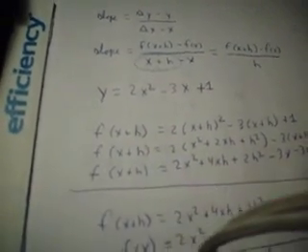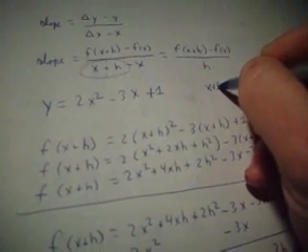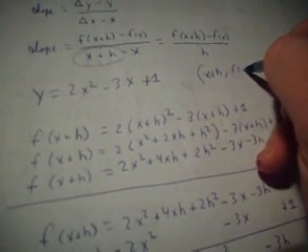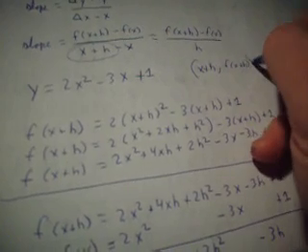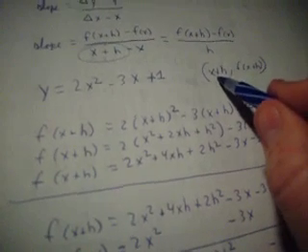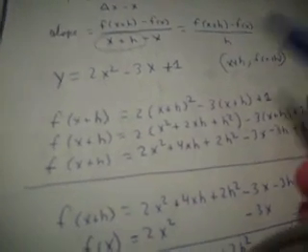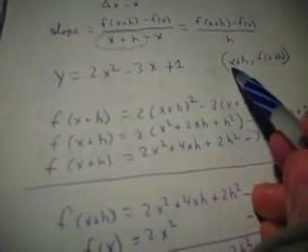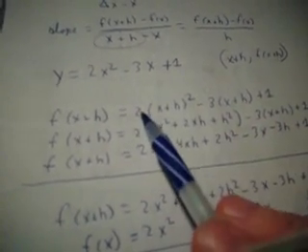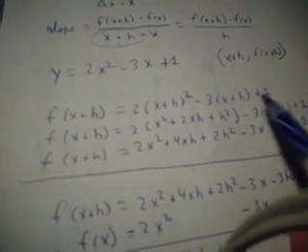So the actual abscissa and ordinate here is x plus h and f of x plus h. So x plus h is the x-coordinate, and f of x plus h is the y-coordinate. We're going to substitute this x plus h here and here. So now we have 2 times (x plus h) squared minus 3 times (x plus h) plus 1.